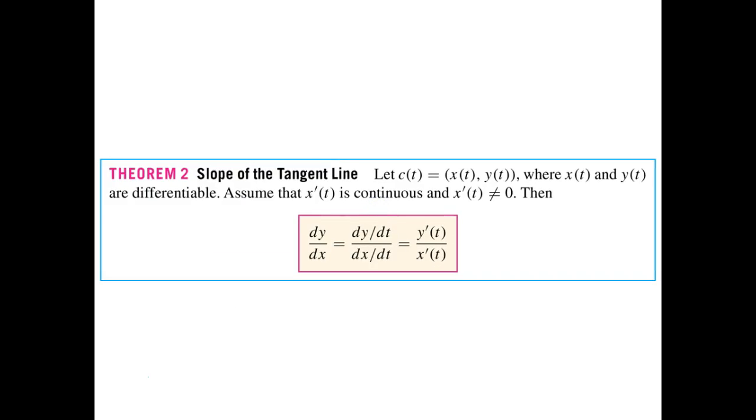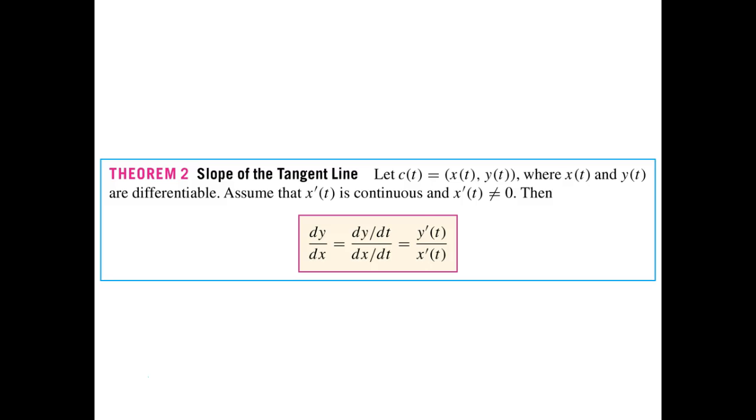C of t is x of t, y of t, where x of t and y of t are both differentiable functions everywhere, or at least on the interval in question. Assume that x prime of t is also continuous, that the first derivative is also continuous, and that x prime of t is never equal to 0.